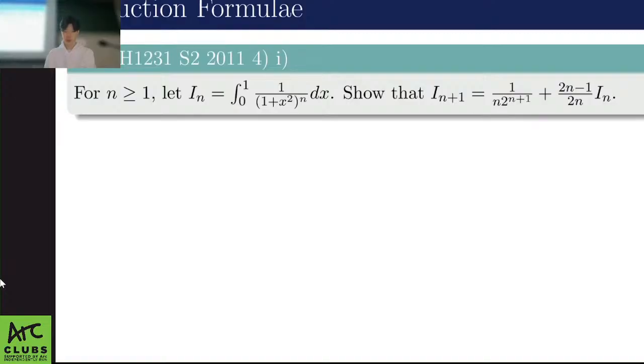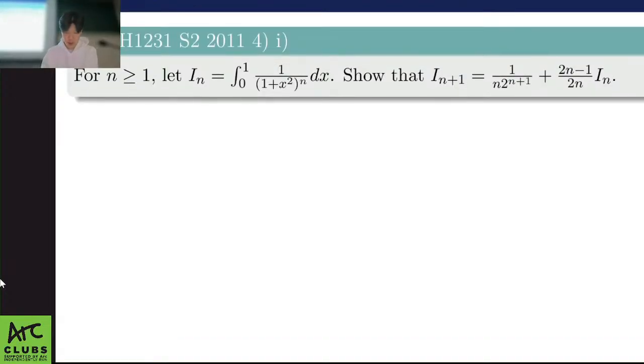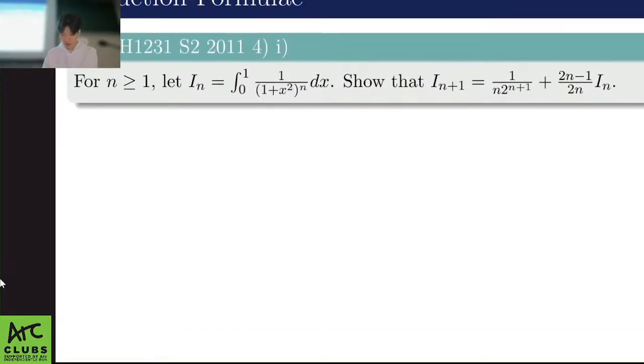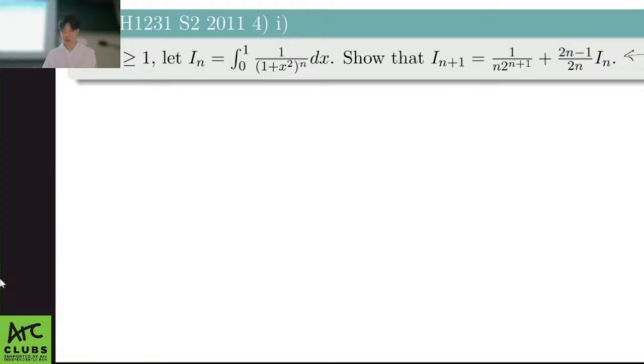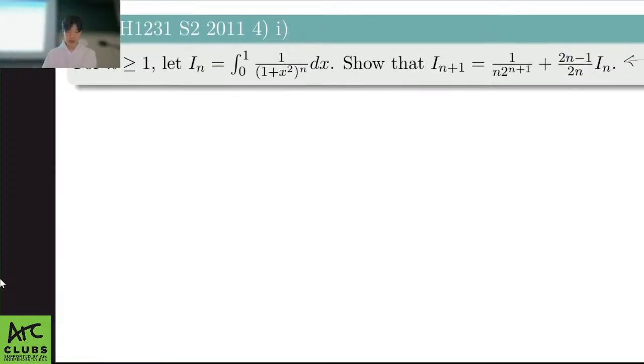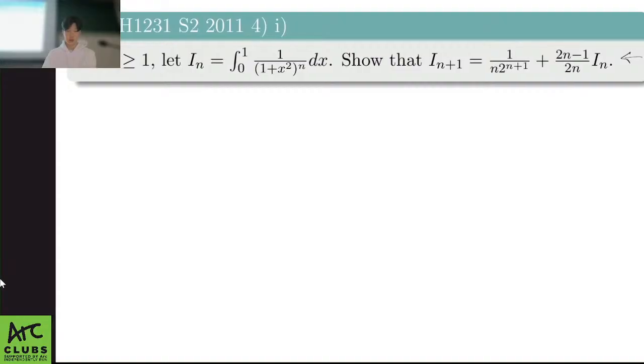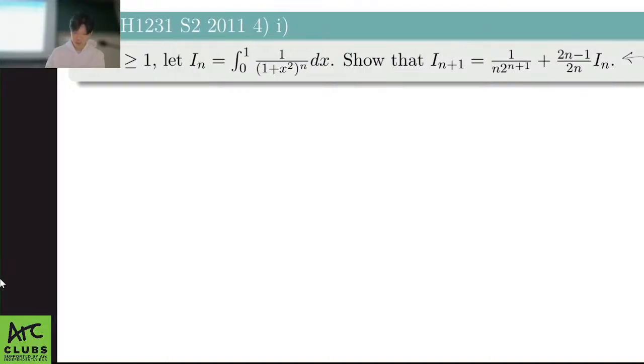Now we have something called reduction. Now the way reduction works is we're given some integral in terms of n, and I want to turn it into some kind of recursive formula where we have I_n and I_(n+1) or I_(n-1) sometimes. Now the way you do it is normally by integration by parts. So if I have I_n equal to the integral from 0 to 1 of 1 over (1 plus x squared) to the n dx, what you let u be is normally the term that has the n in it.